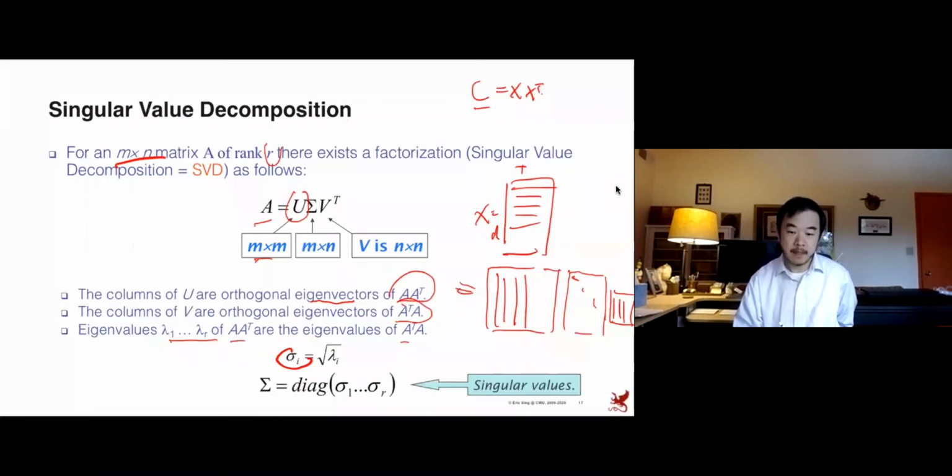By the way, this matrix and this matrix have the same eigenvalues, and you can prove that by some algebraic operations. Therefore, their square roots correspond to the numbers in this sigma matrix.